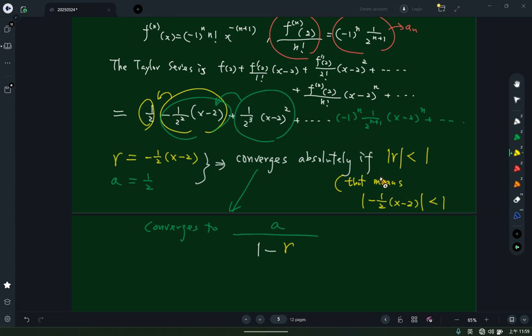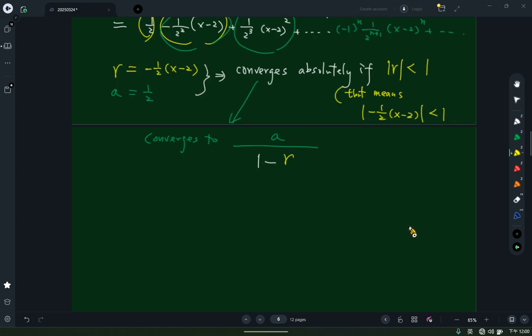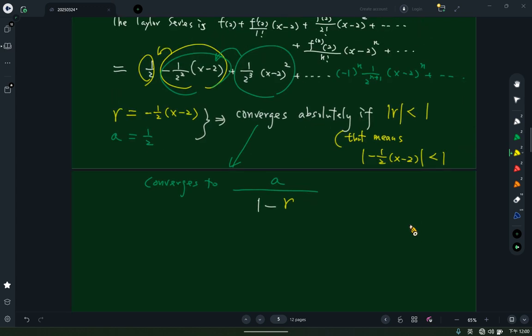So this part will not be included in the midterm exam. However, I still hope you can learn this part also. Okay, so this is the first term, and this is the ratio. So based on the property of a geometric series, it will converge to A over 1 minus R.